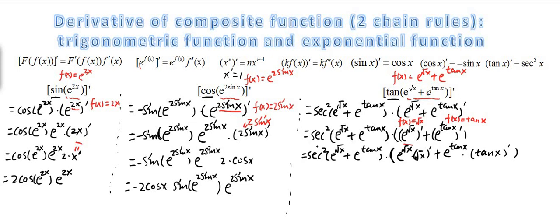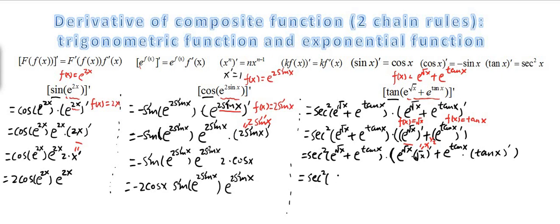Okay, now here square root of x can be written as x to the power 1/2. It's clear we can apply the power rule for this term. How about this guy? The derivative of tangent x is gonna be secant x squared. So now we can simplify these two terms.